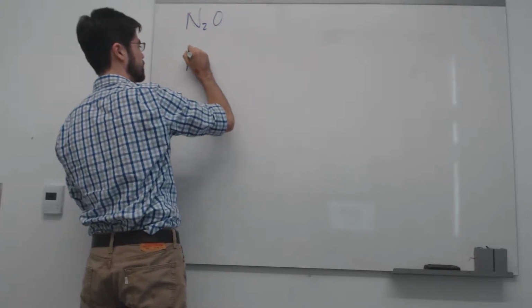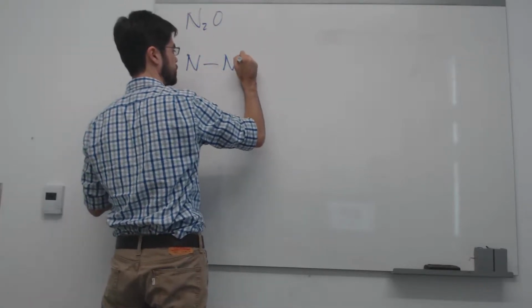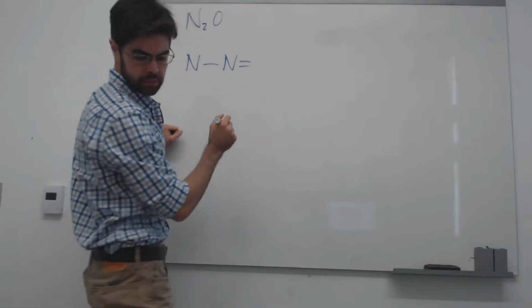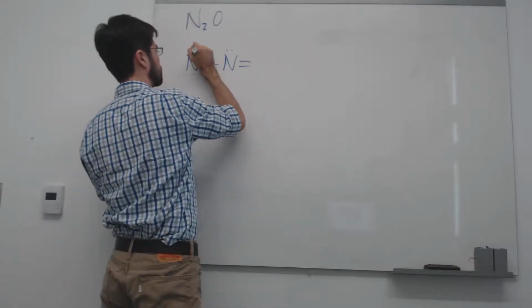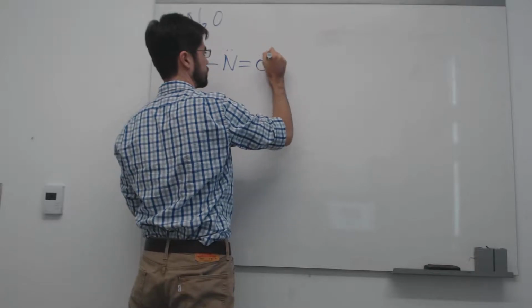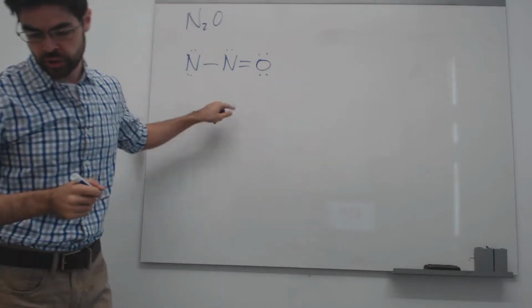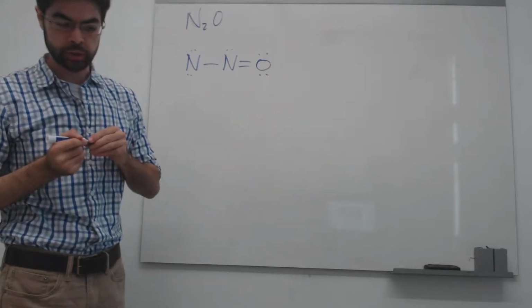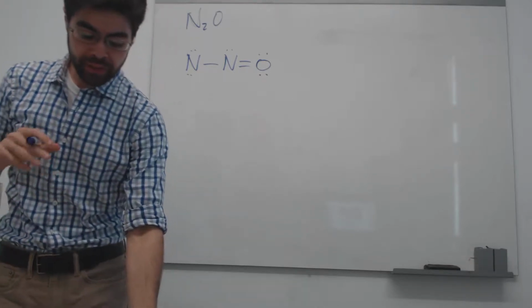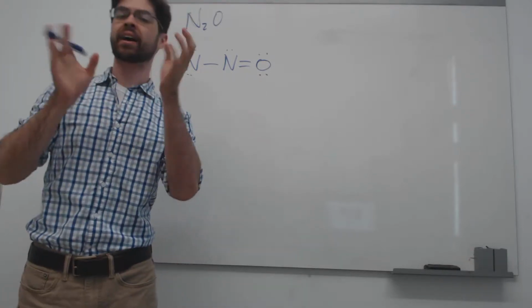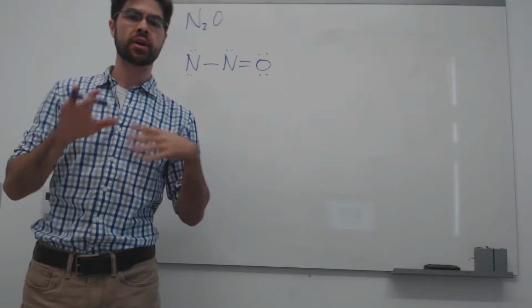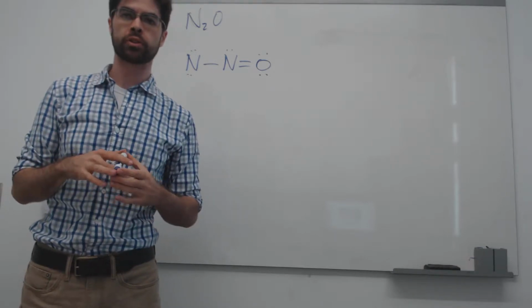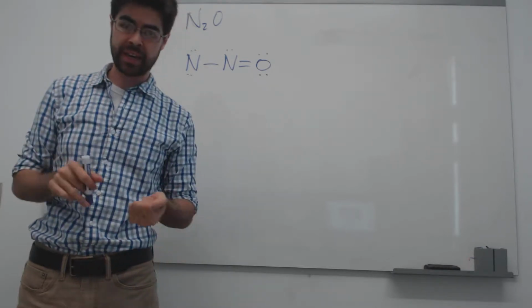Could this structure be best? Because this structure has no formal charges. A rule of thumb there is that the octet rule takes precedence over lowering formal charges in most cases.